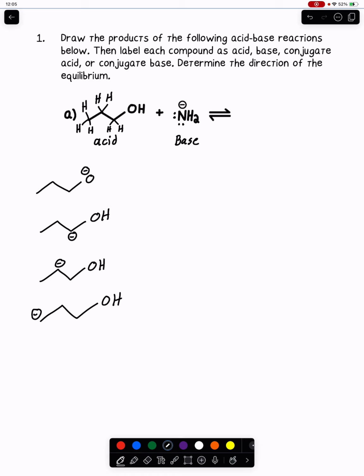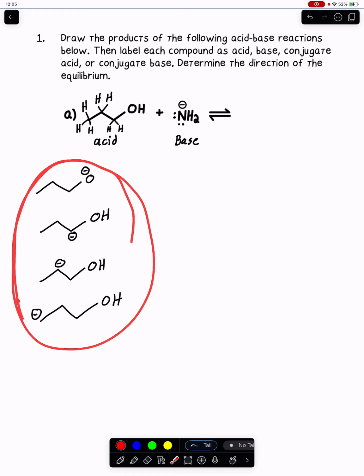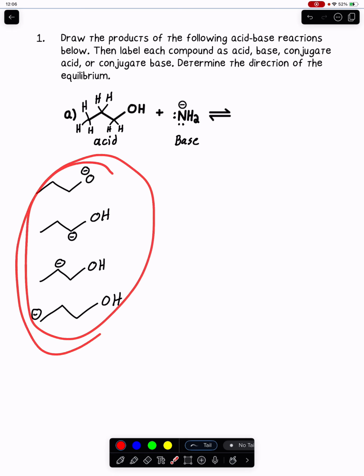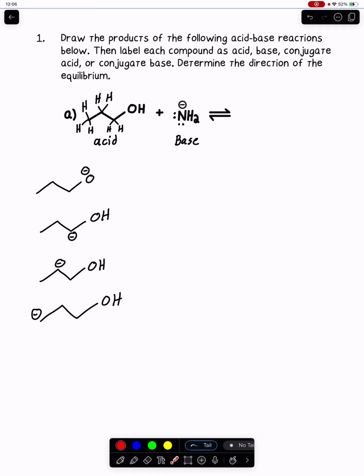So if we want to know which protons are most acidic, we have to figure out which conjugate base is most stable. Because the more stable the conjugate base is, the easier it is to form, which means the easier it is for the base to remove that proton. The strength of an acid is always directly proportional to the stability of the conjugate base. So when we look at all these conjugate bases, we want to figure out where that negative charge is most stable.